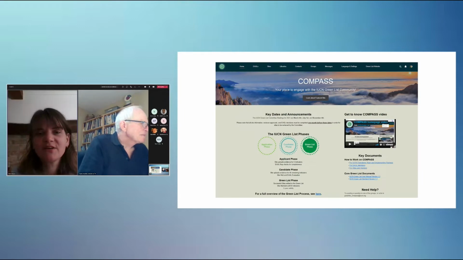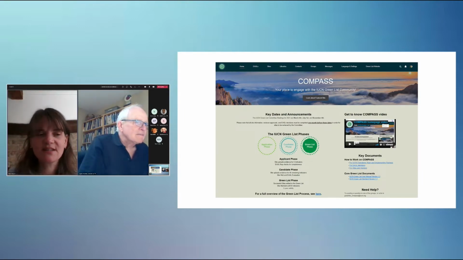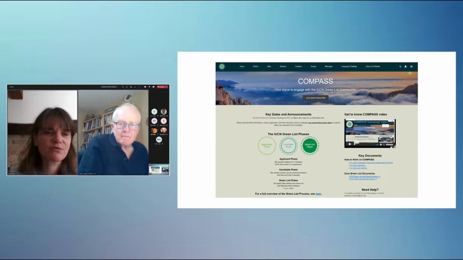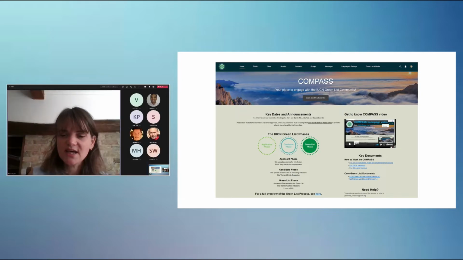Okay, so the Compass interface, this slide just shows the Compass interface. Compass is the central repository for all of the documentation, so all of the data and information relating to the Green List, the Green List process, sites as they go through the process, and a central hub for the Green List community. I guess a lot of what I'm going to say mirrors what Julia's just said.